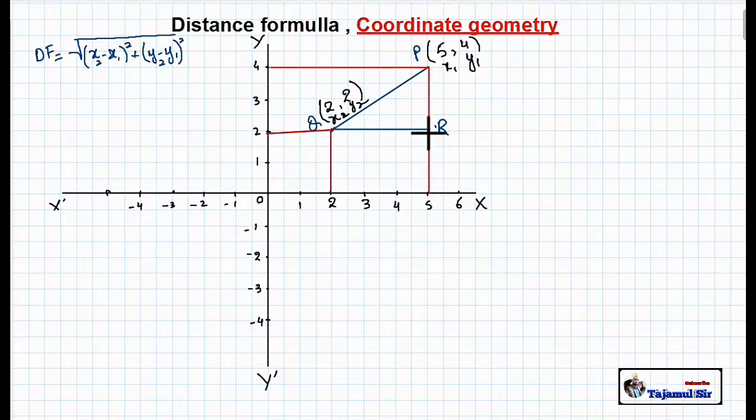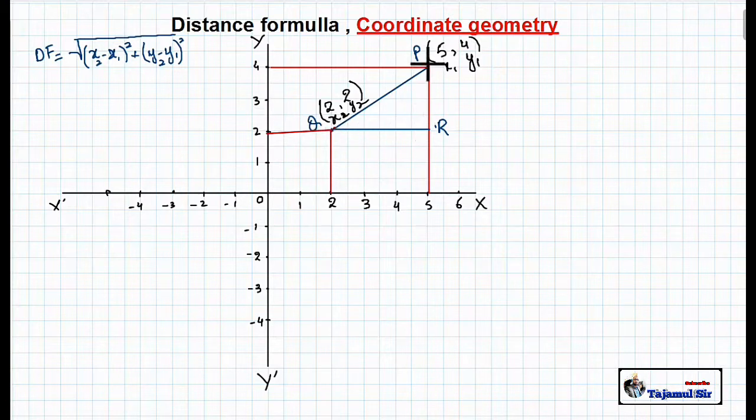Similarly, if we are required to find out the distance PR, the distance up to this PR line, we can easily find out this PR distance. When we go straight to the y-axis, it means 4 minus 2, that is 2 units.